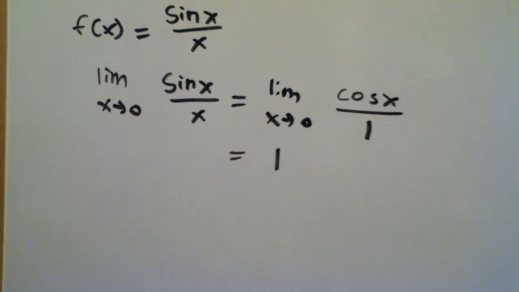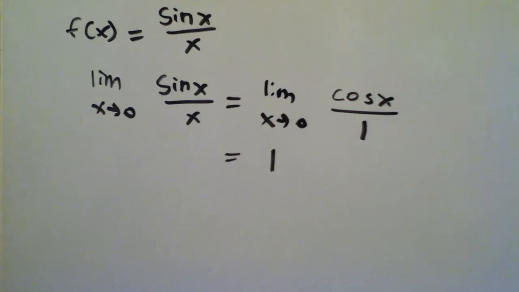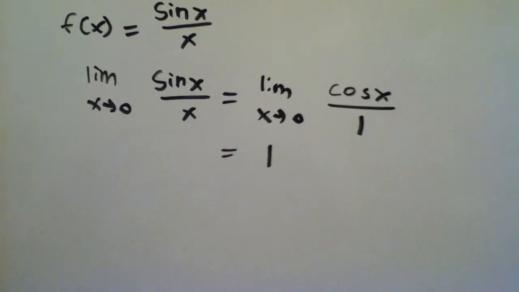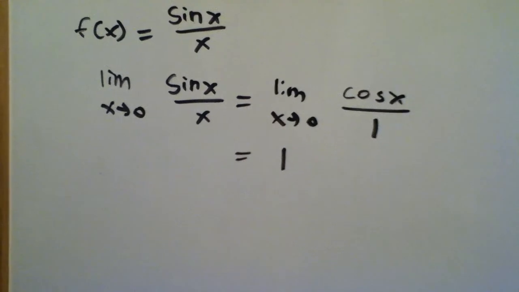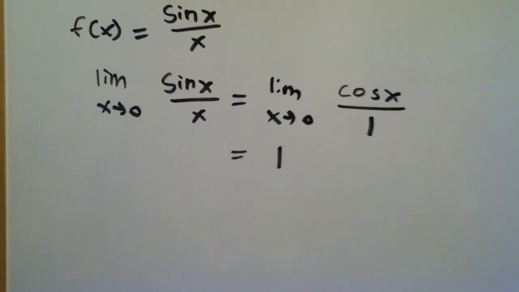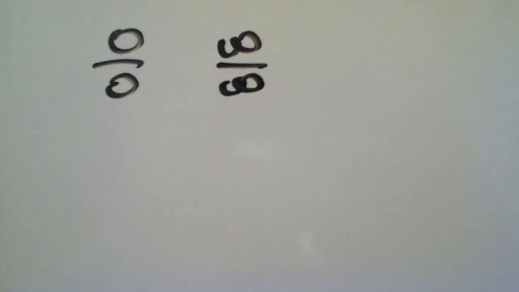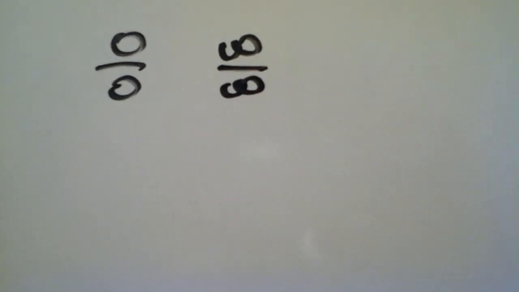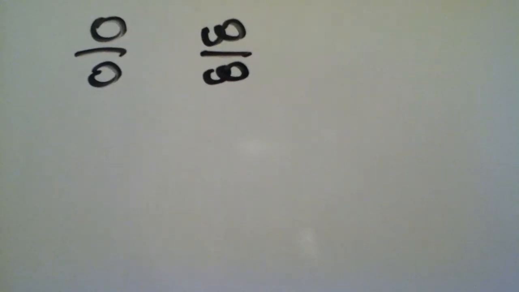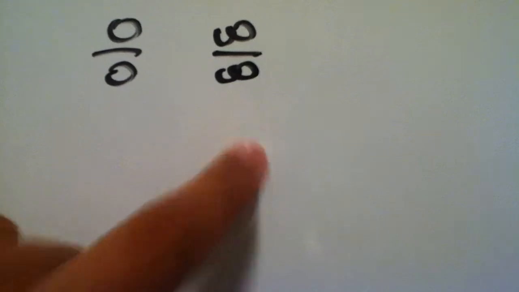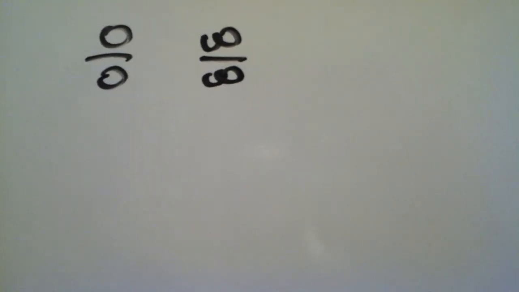Now let's try another example, this time a bit more tricky. At this point I'd like to list some indeterminate forms. You have your basic 0 over 0 and infinity over infinity, and before you use L'Hopital's rule, you want it to be in either of these forms. 0 over 0, infinity over infinity, perfect for L'Hopital's rule.